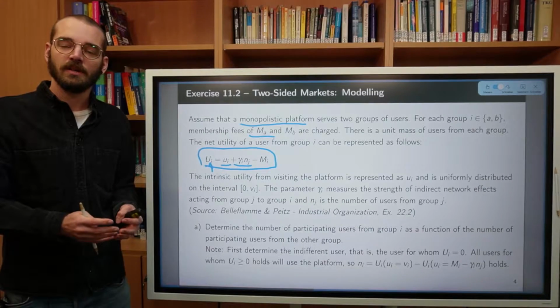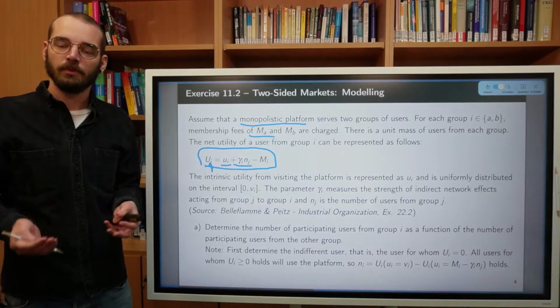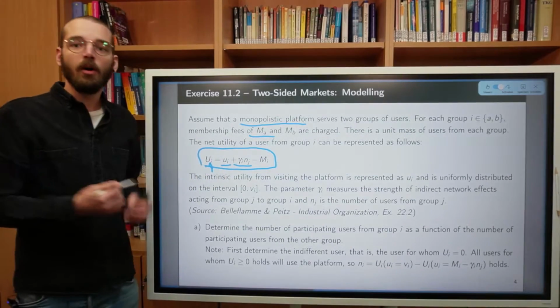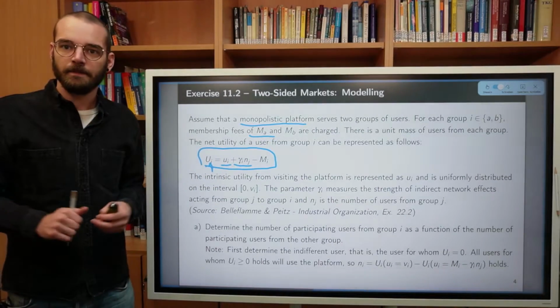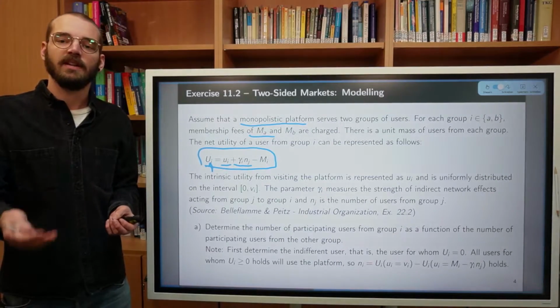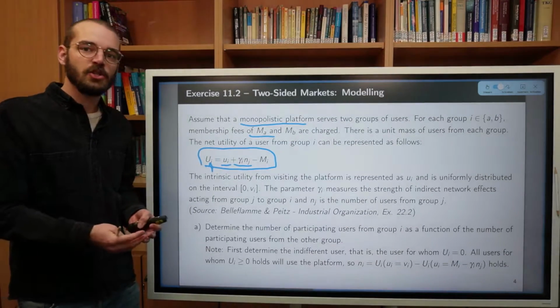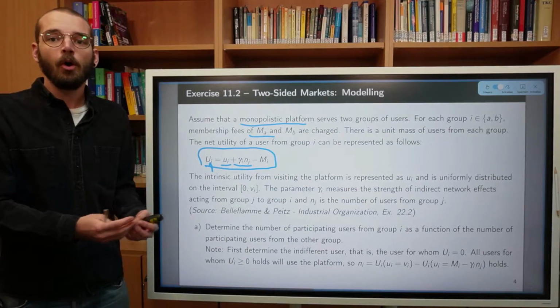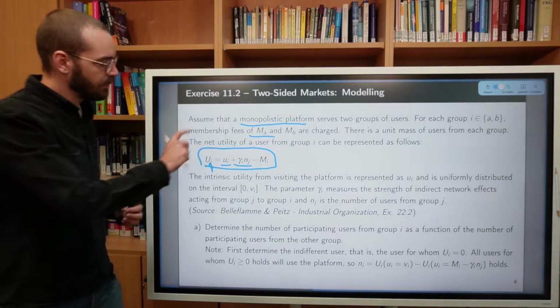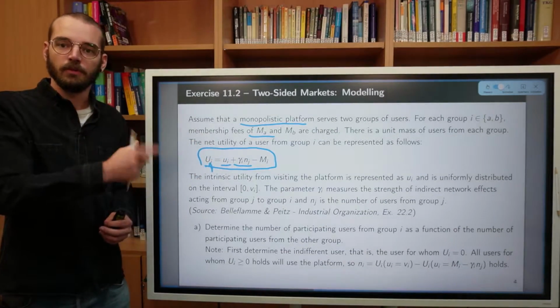So the larger the number of participants from group j, n_j, the larger the utility of group i. So there is this positive external effect of the participation of users from one group onto the utility of the respective other group. And this, of course, goes for both groups, right?